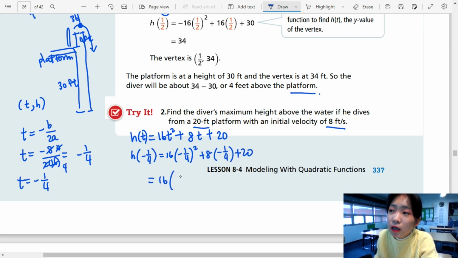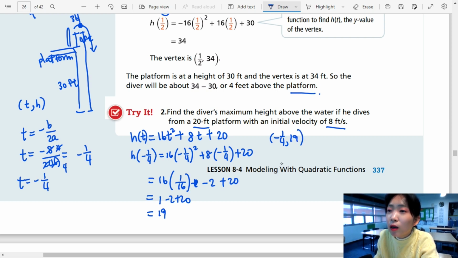So 16 times negative 1 over 4 times negative 1 over 4 is 1 over 16. And then minus 8 divided by 4 is 2, plus 20. 16 divided by 16 is 1. So 1 minus 2 plus 20 would be our height. 20 plus 1, 21 minus 2 is 19. So our vertex is going to be negative 1 over 4, comma 19.